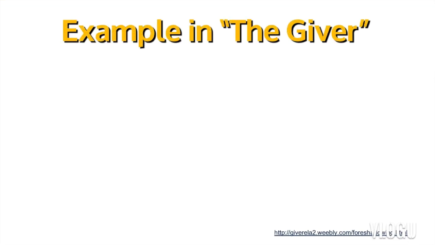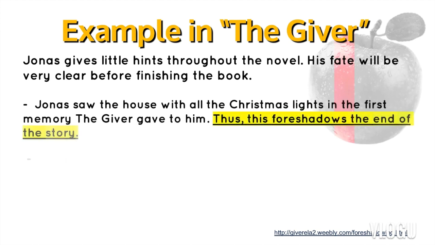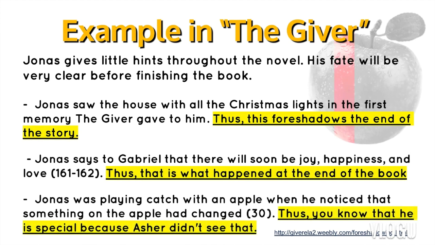Now let's take a look at an example in The Giver. Jonas gives little hints throughout the novel. His fate will be very clear before finishing the book. Let's take a look at some of them. Jonas saw the house with all the Christmas lights in the first memory the giver gave to him. Thus, this foreshadows the end of the story.